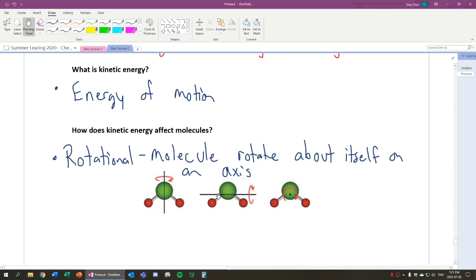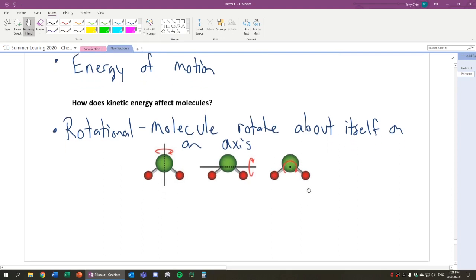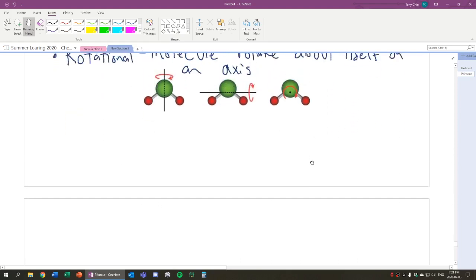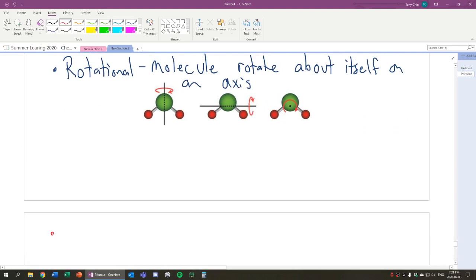Imagine there's a string holding it this way, or like a stick, and you're able to twist it around this way. These two red atoms will swing around. This one, imagine the stick is going into the page. In this case, you could think of this as it will swing around this way. So that's rotational. The other type of energy that we're going to talk about is translational.